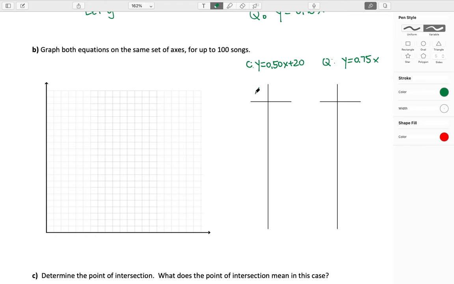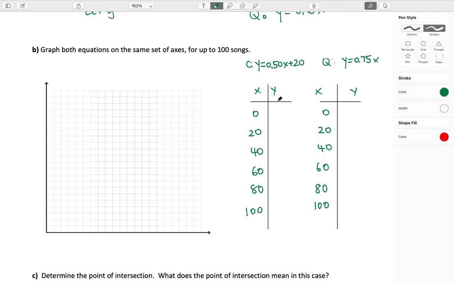So let's do X. I'm going to go up by 20, because we're doing 100 songs. So 0, 20, 40, 60, 80, 100.